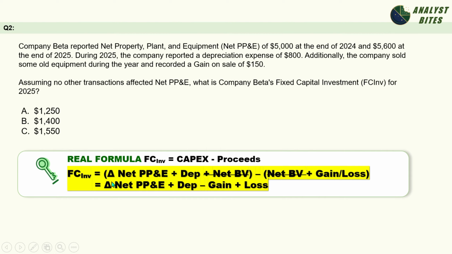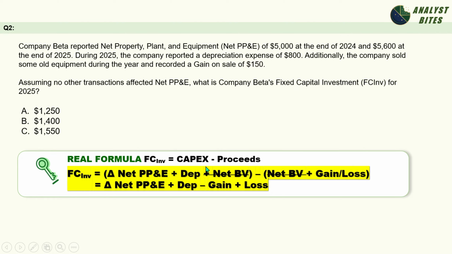If you look at the expanded terms, the net book value in the capex bracket and the net book value in the proceeds bracket simply cancel each other out. So the simplified formula becomes very clear. Fixed capital investment equals the change of net PP&E plus depreciation minus gain or plus loss.